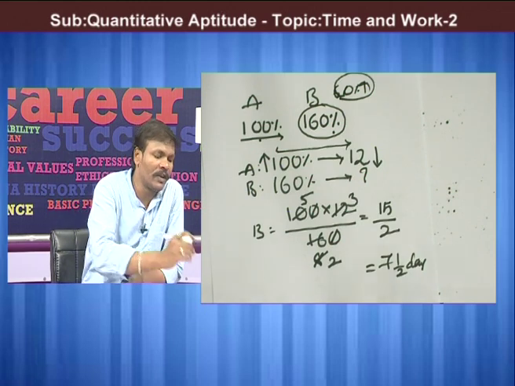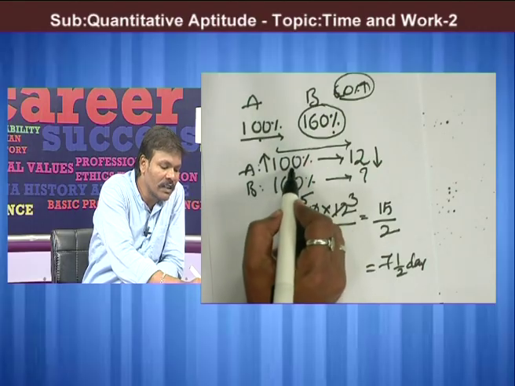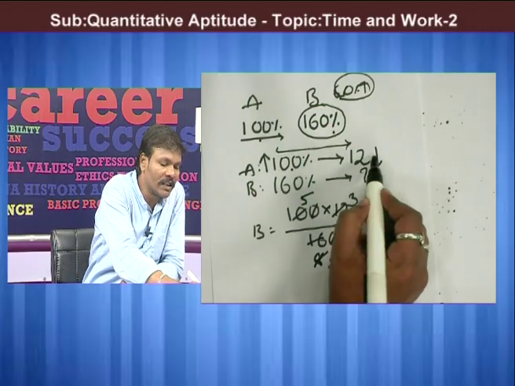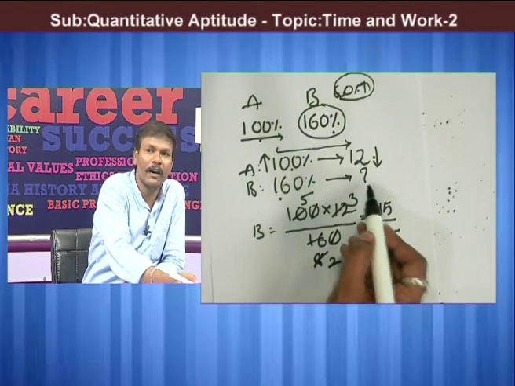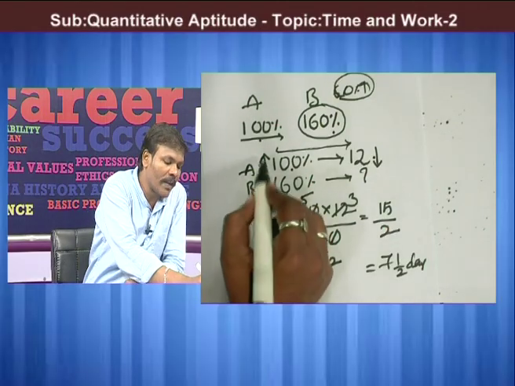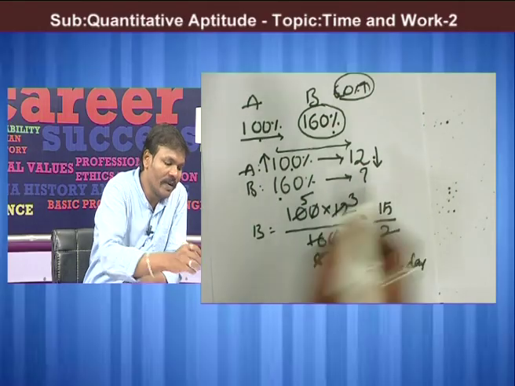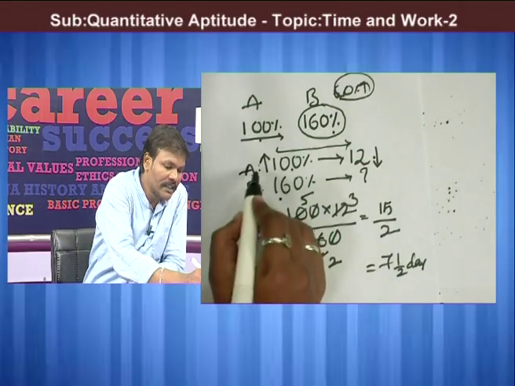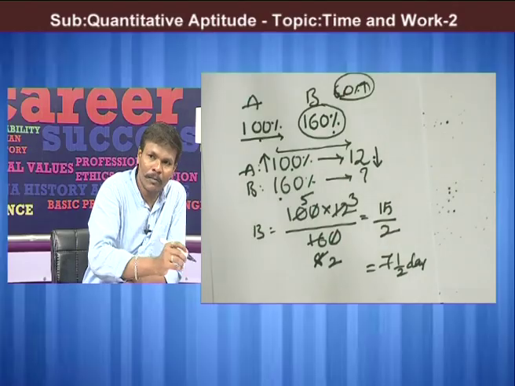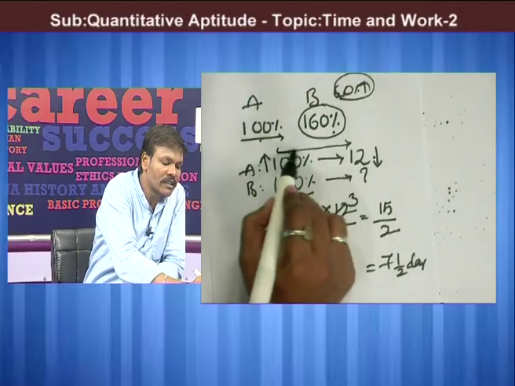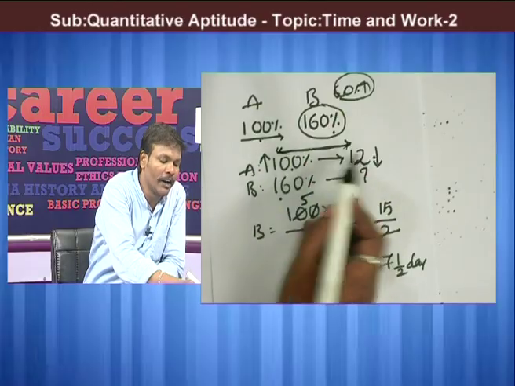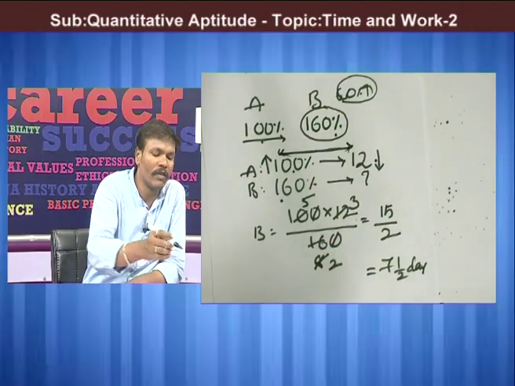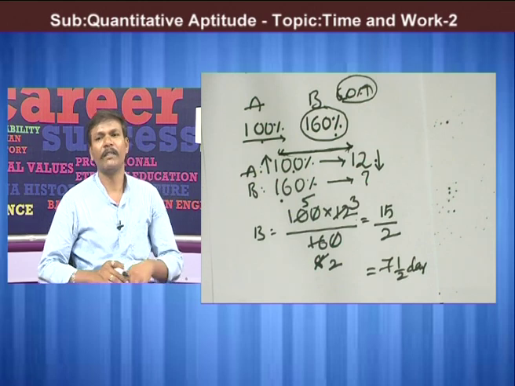A's value. A, with 100% capacity, completes the work in 12 days. B, with 160% capability, completes it in how many days? When capacity increases, days decrease. The increasing and decreasing are inversely proportional. In inverse proportion, the same values are multiplied. A's values, 100 into 12, by 160, the value will be 7.5 days.